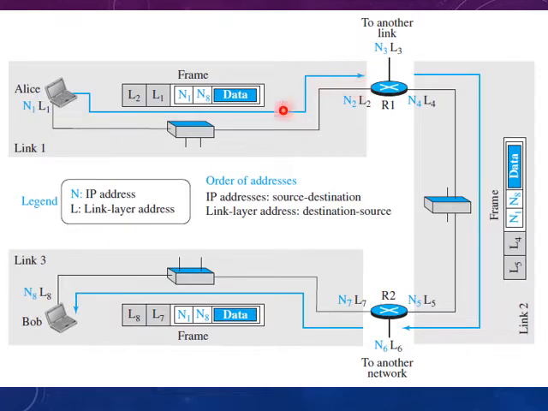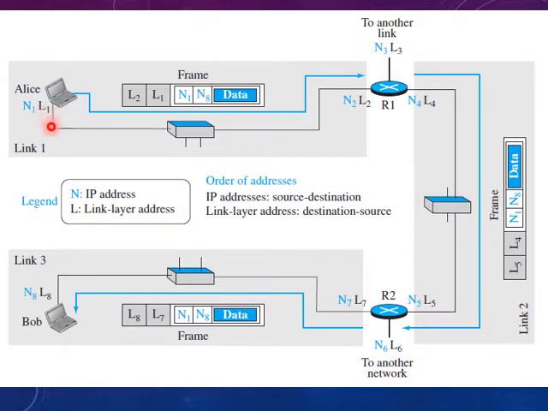So we are going to give the address of the immediate next destination, which is this switch, and the source is L1. So from L1 to L2. And when we give the network address, we give N1, the source address of Alice, and the destination address N8, the destination address of Bob.